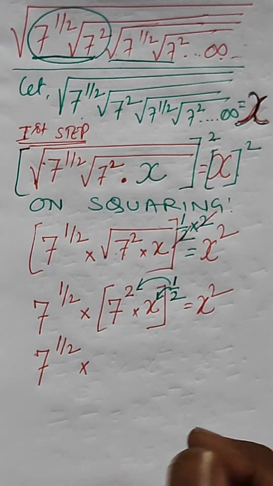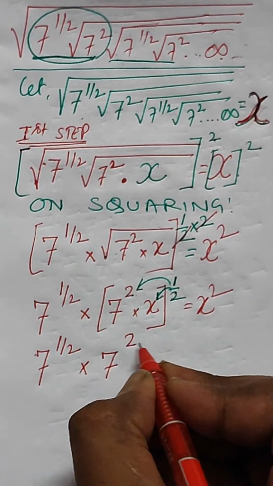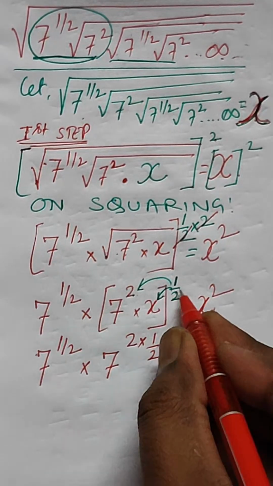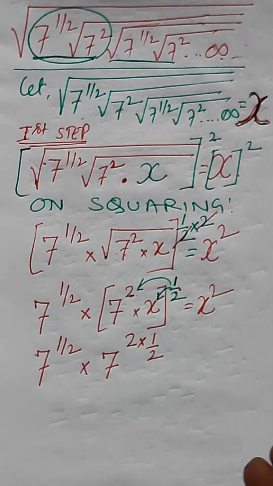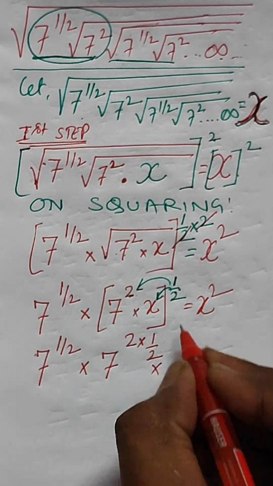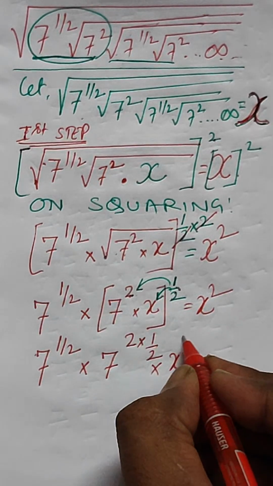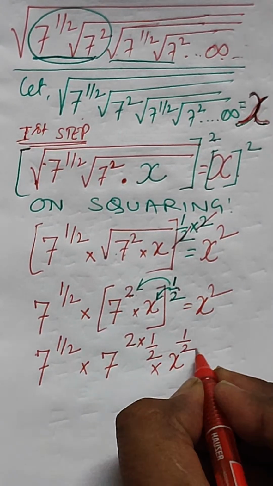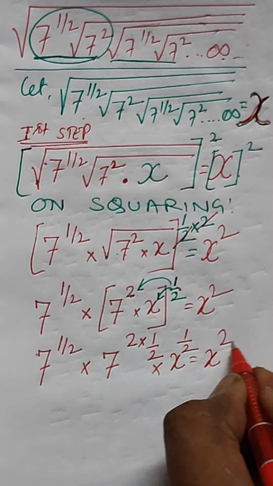So this will give you 7 power 1 by 2 into 7 power 2 into 1 by 2. This outside 1 by 2 will be coming inside and multiplying with the exponent of 7, multiplied with x power 1. So this will give you x power 1 into 1 by 2, that is x power 1 by 2, and this is equal to x square.